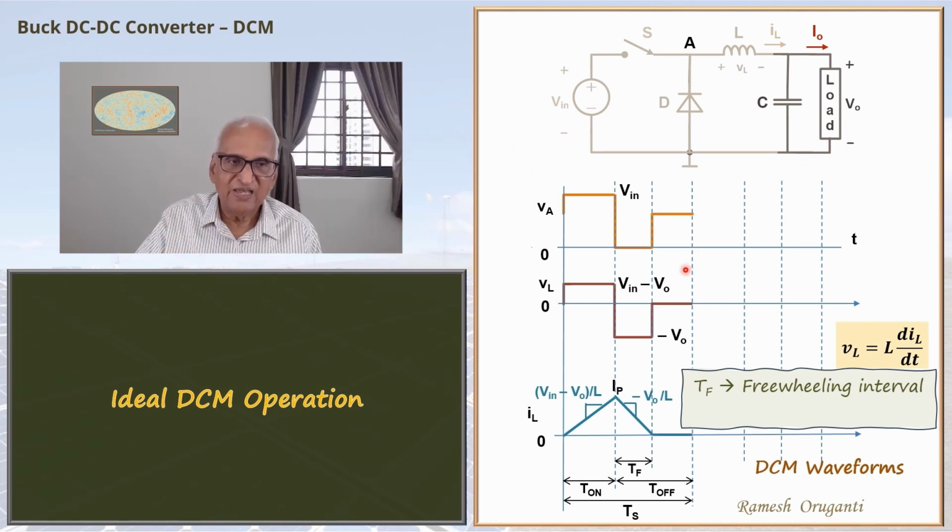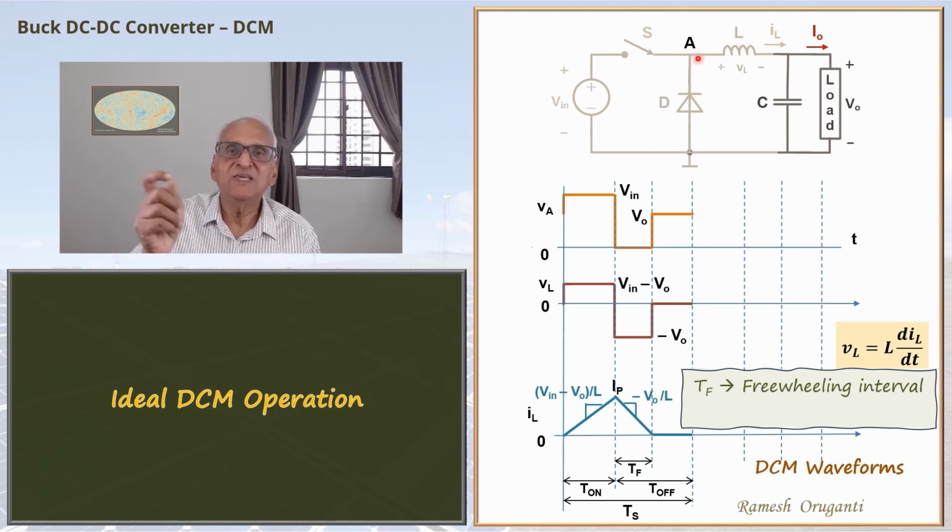First, let's look at the IL waveform. The current is 0. Because the current is 0, dIL/dt is 0. So VL is 0. And if you look at the voltage VA, it is V0 plus 0 volts because the inductor voltage is 0.